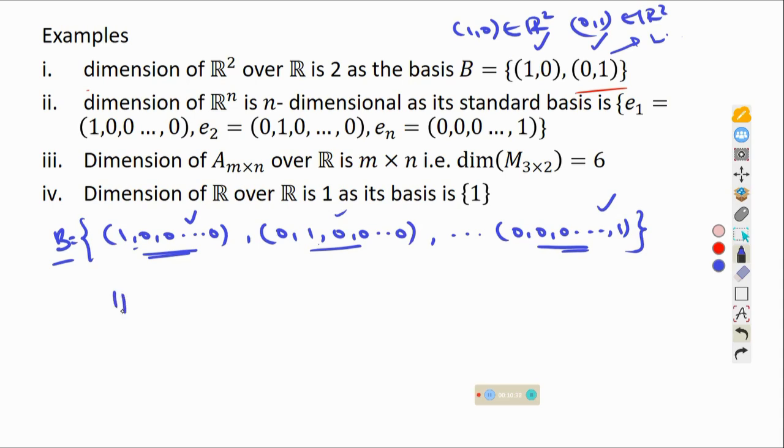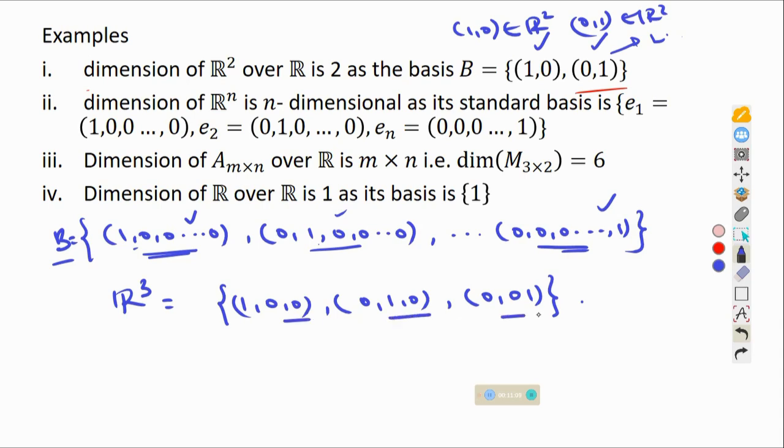For example, when you talk about R3, the standard basis for R3 becomes (1, 0, 0). Another element is (0, 1, 0). Another one is (0, 0, 1). So this becomes the standard basis of R3, which contains 3 elements.